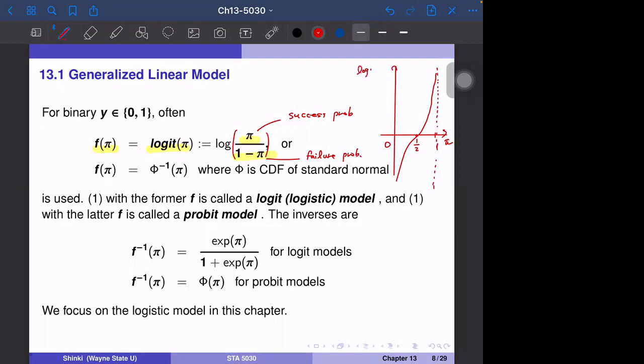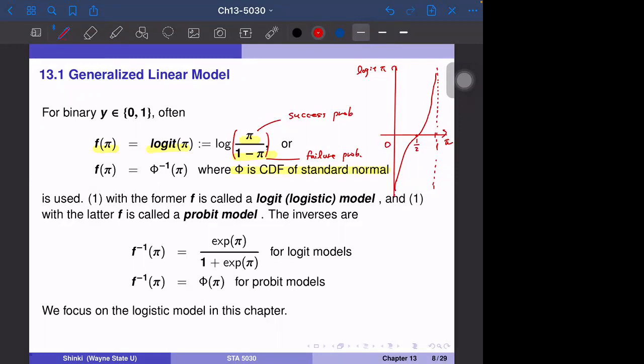Logit of pi. And another function is f of pi equal to phi inverse of pi. Here, phi is the CDF of the standard normal distribution. You can see that the CDF is generally an increasing function on the entire real line, and its range is between 0 and 1.